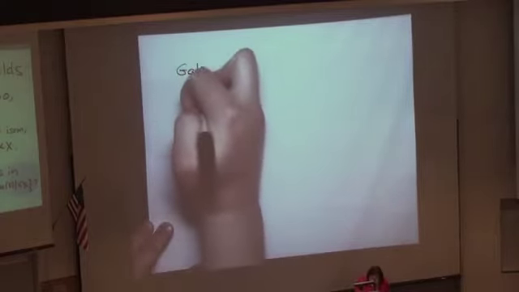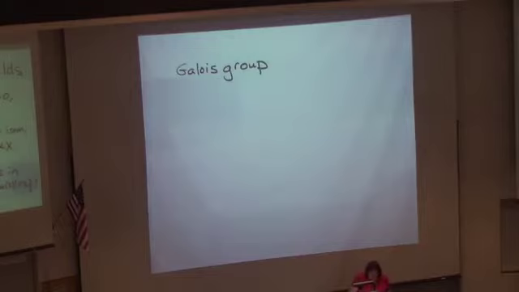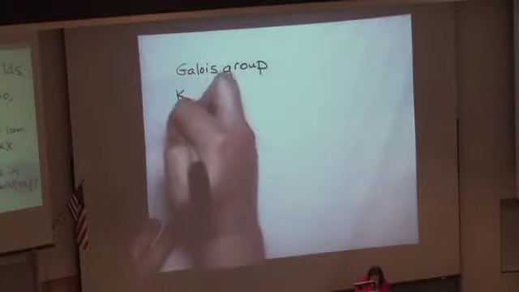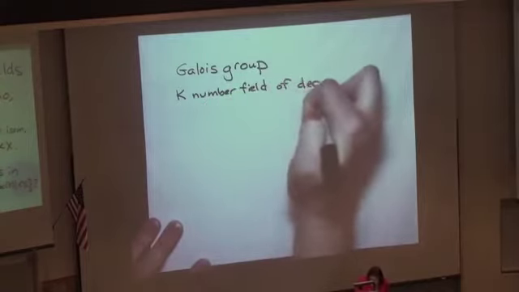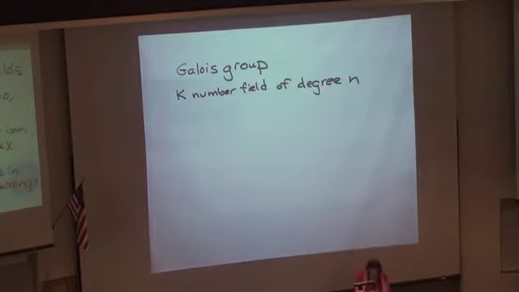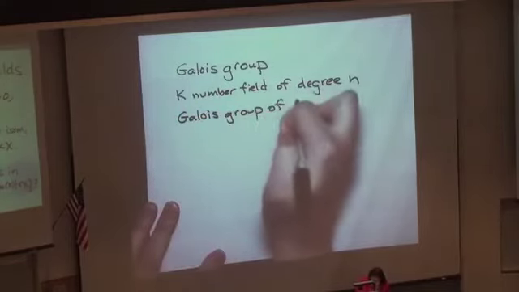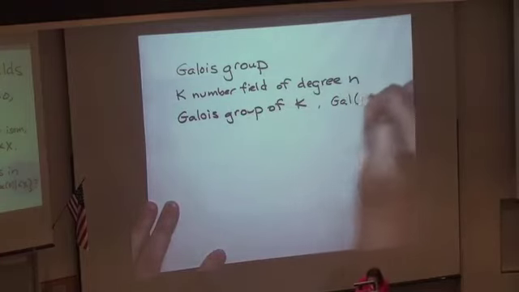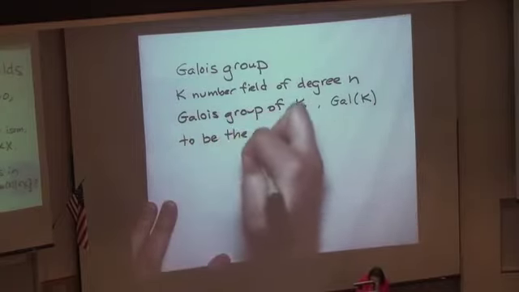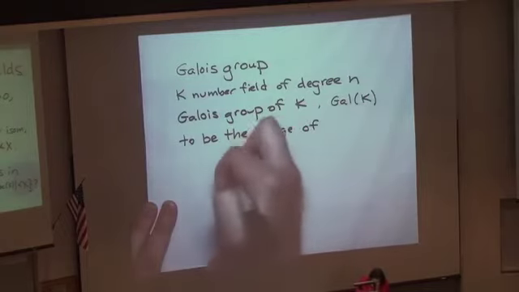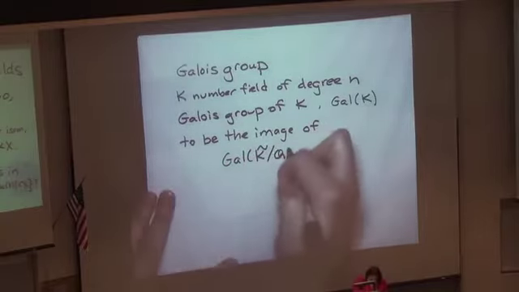So the first invariant I'm going to talk about is their Galois group, and so if K is a number field of degree n, I'm going to call the Galois group of K, which I'll write as Gal K, the image of Gal K tilde. This will be the Galois closure.